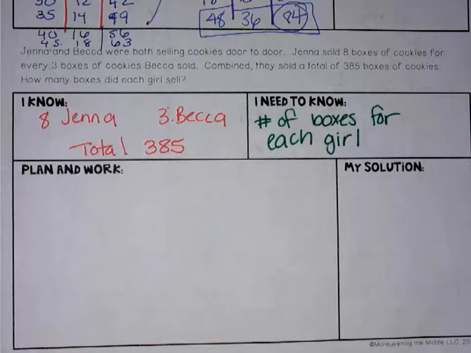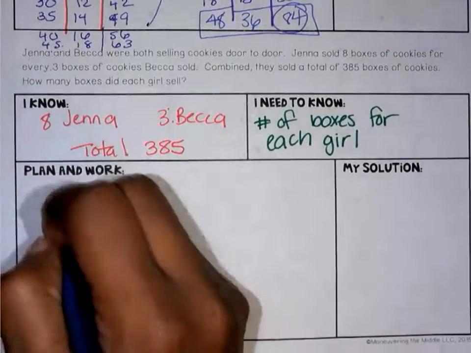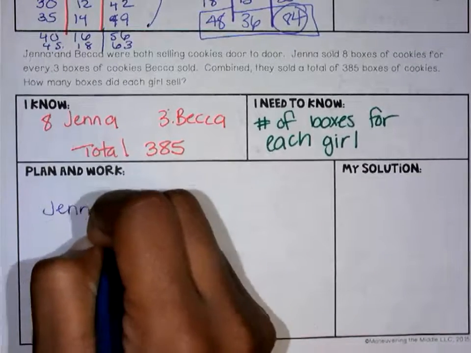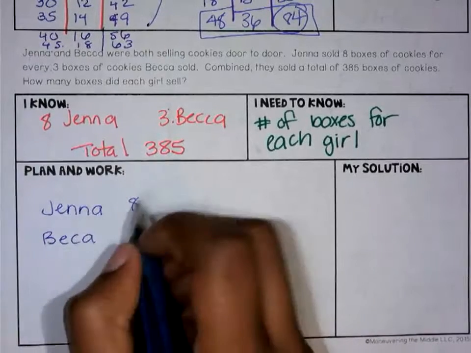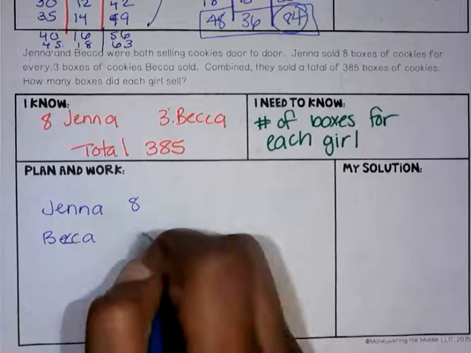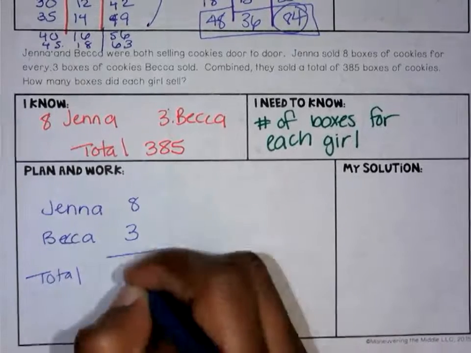Now your work, the exact same way that you solved the first. So we know that Jenna had 8, and we know that Becca had 3. And you get your total, and your total is 11.